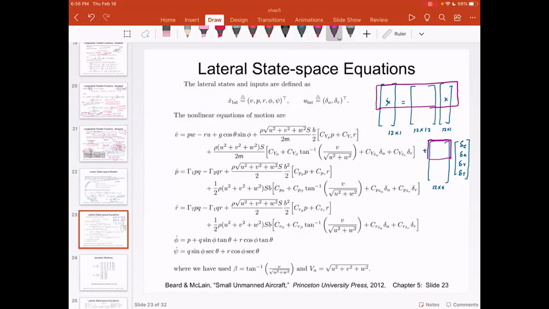I'm going to call this XR, AR, and BR. So the reduced order model is, rather than using the whole 12 by 12 equations, we pick and choose the most important equations that control the significant part of the dynamics.